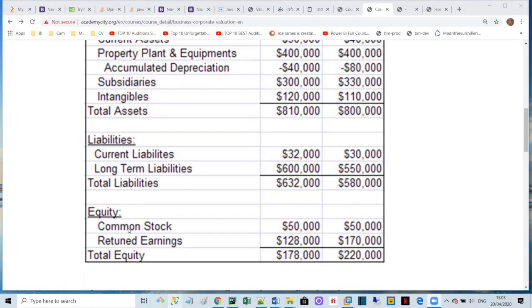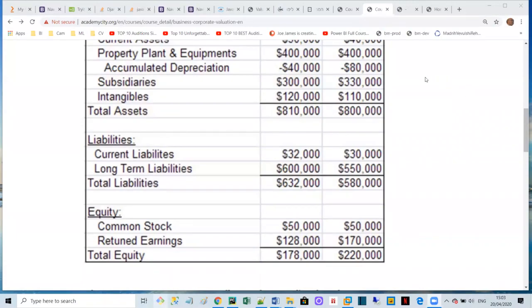The common stock is the amount that the company raised. What does it mean, raised? It means that the company needs money to operate. So they come to people and say, okay, we'll give you shares and you contribute money to the company.